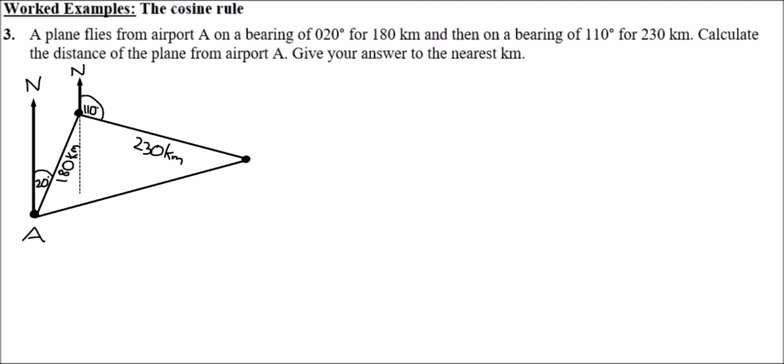and use the idea of alternate angles. You should remember from GCSE, I call them Z angles. So if this one's 20 degrees here, this one here will also be 20 degrees. Remember, alternate angles are equal in size. So that's 20.